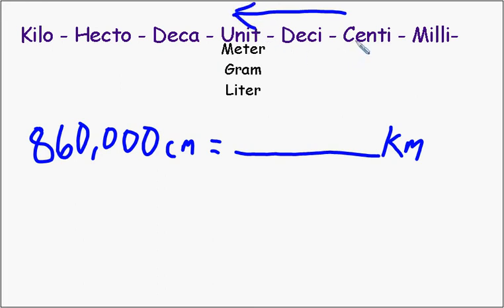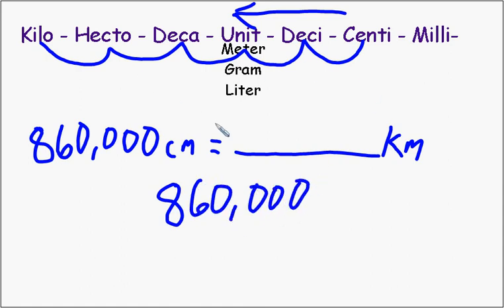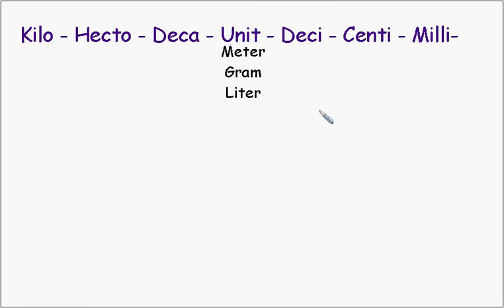But how many places from centi to kilo, or kilometer? 1, 2, 3, 4, 5. So let me rewrite this down here. 860,000. Moving this to the left, I have to move the decimal to the left 5 times. 1, 2, 3, 4, 5. So that would be 8.6. I don't have to add these zeros over here. They can just go away. 8.6 kilometers, or 8 6/10 of a kilometer. Pretty easy, right?